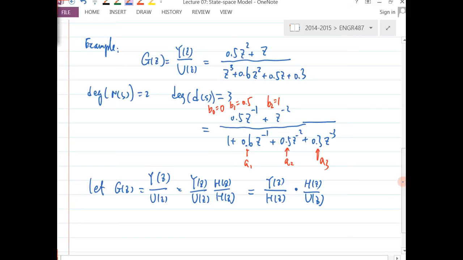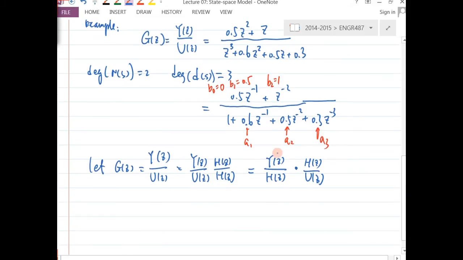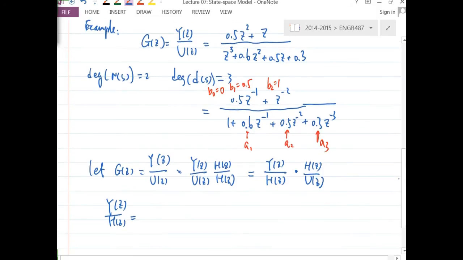Okay, so it's an intermediate z function. Here is your y of z over u of z. Now this y of z over h of z, I'll define as this numerator here.